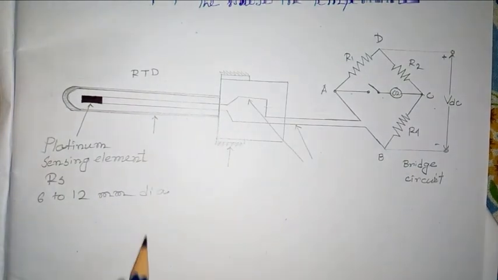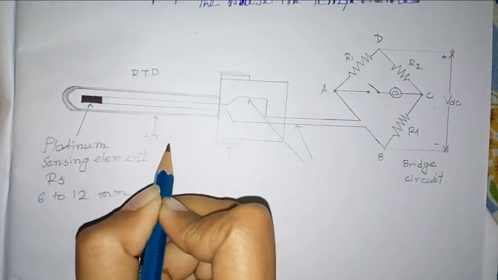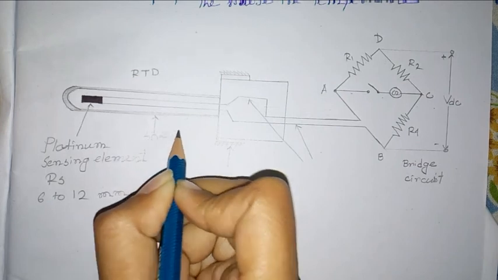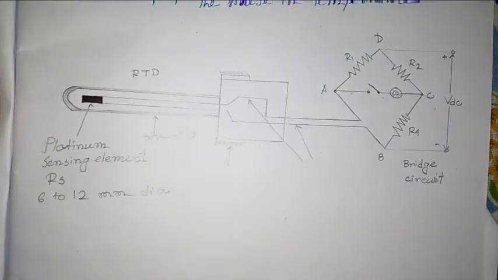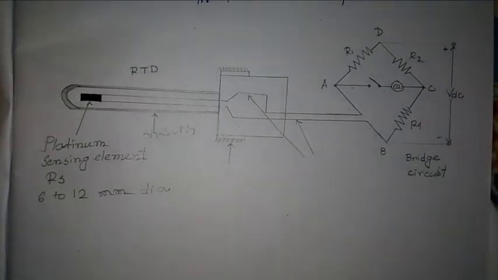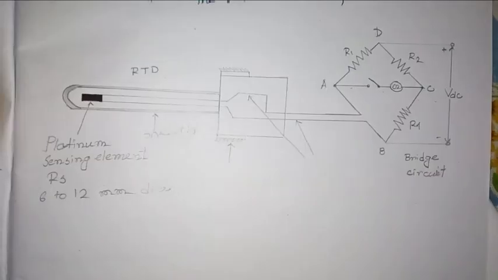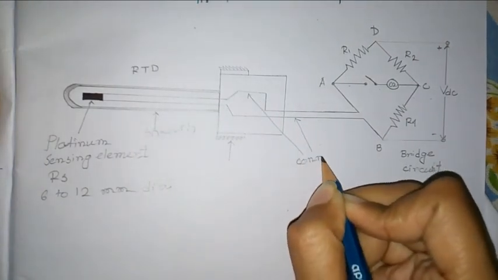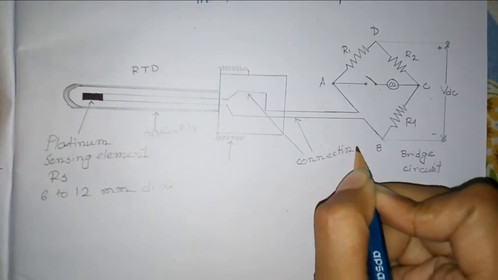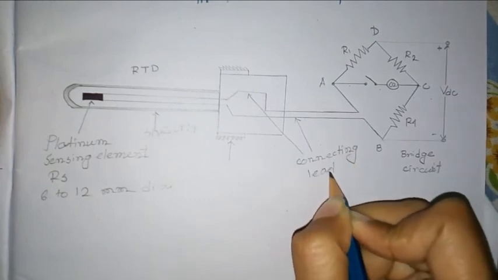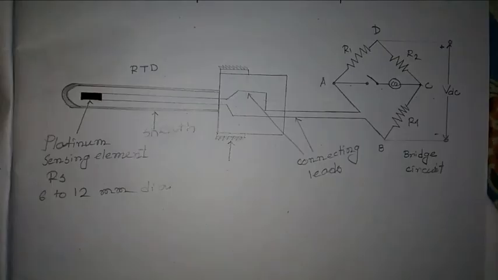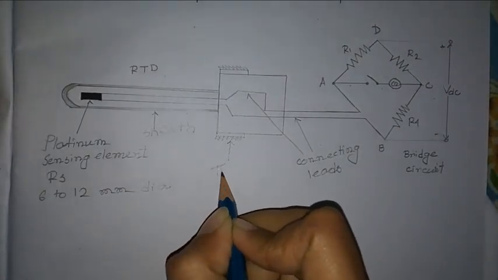This is the sheath or cover of the sensing element. Both are the connecting leads. And this is the threading for mounting.